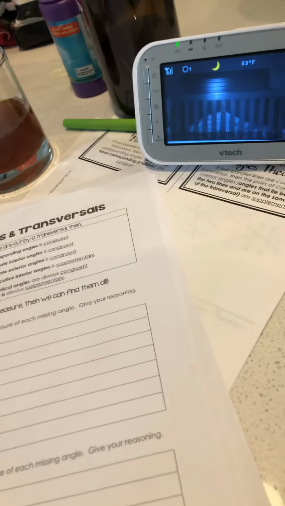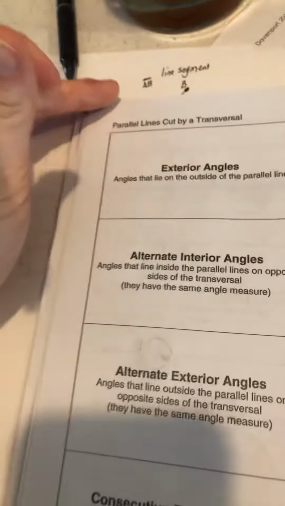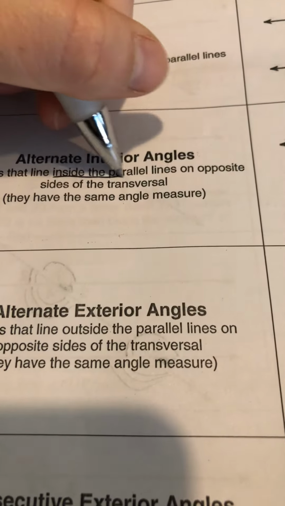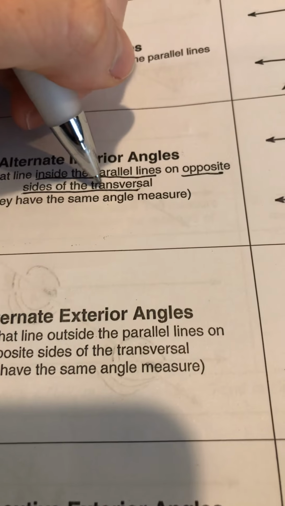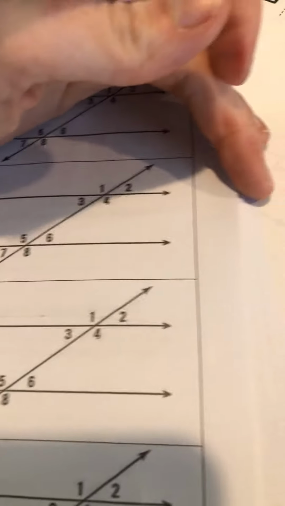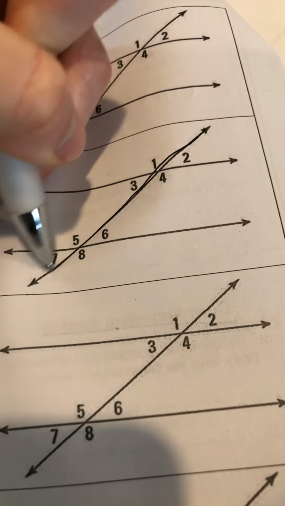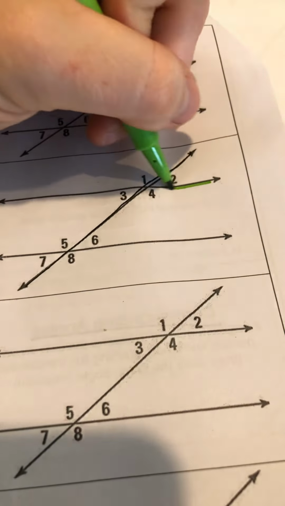There are alternate interior angles. Alternate interior angles are inside the parallel lines, on opposite sides of the transversal. The transversal is just the line that's cutting through our parallel lines. So here's my transversal, and here's my parallel line.